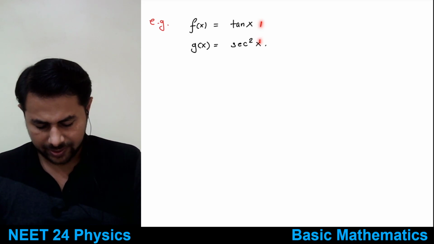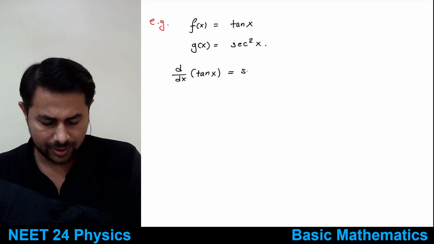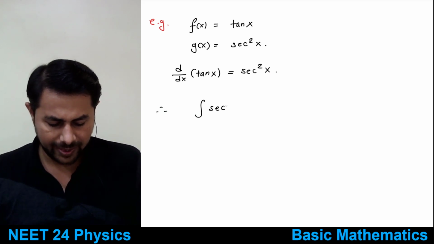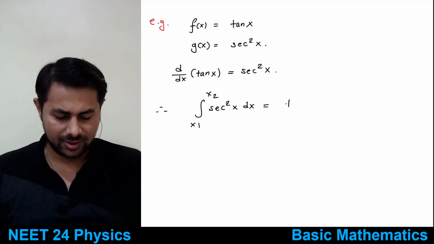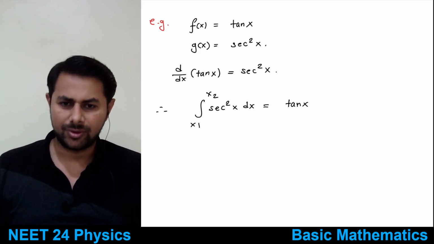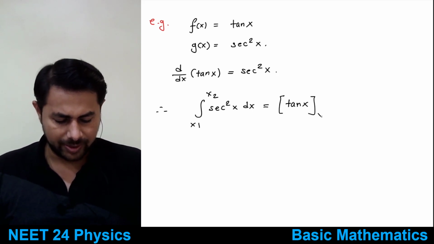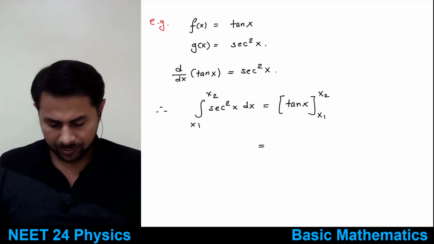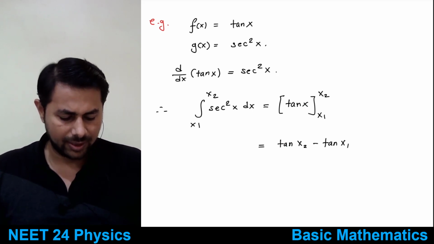So d by dx of tan x is secant square x, and therefore what will be the integration of secant square x dx from x1 to x2? This integration gives tan of x, but between those two limits, x1 and x2. So that is tan of x2 minus tan of x1.